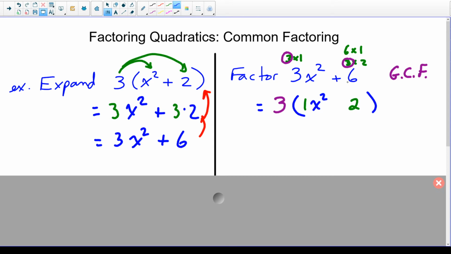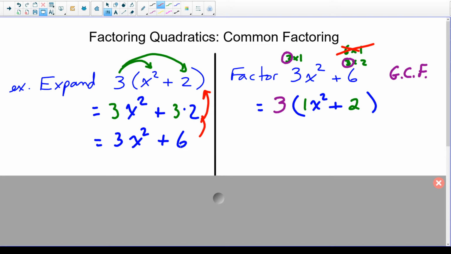And then you figure out what sign is left in the bracket. For right now, it's going to be a plus, but that's going to change eventually, because if you have a minus sign as your first number in the expression, something interesting is going to happen, and I'll talk about that a little later. Now, I want to point out that we didn't use the 6 times 1 at all. So that one gets crossed off because it didn't contain the greatest common factor.